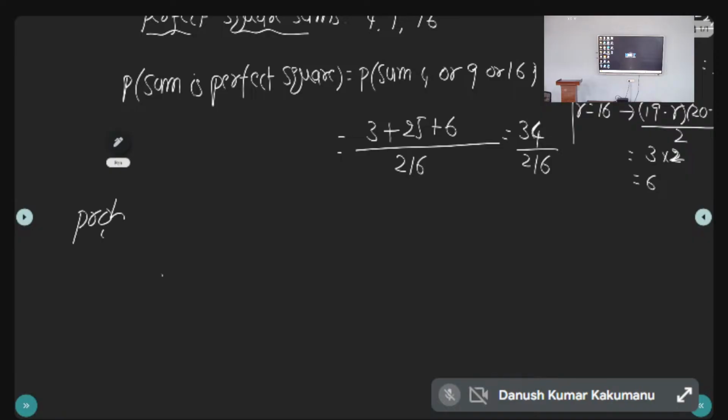What is that problem? A number x is selected.